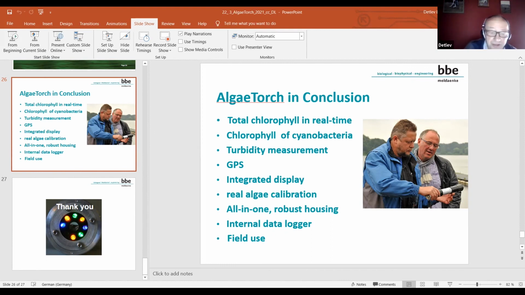So for the ISO method, it may be useful to have this correction for the phaeophytin, and they subtract it, for example, but for in situ measurement, we are in a different range. So therefore, we have no overlap from the phaeophytin signals to the chlorophyll A that we measure.